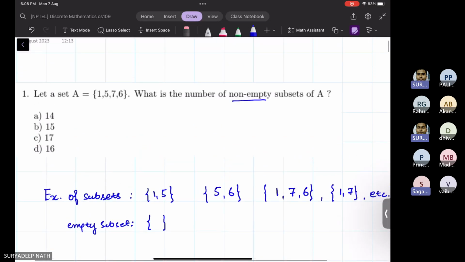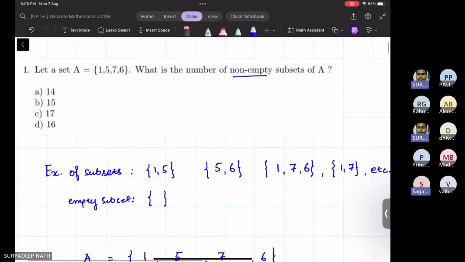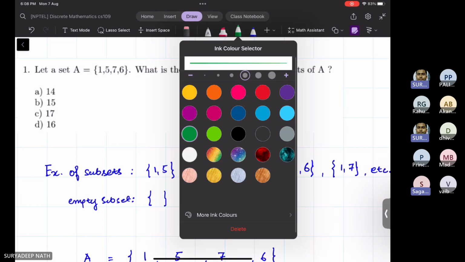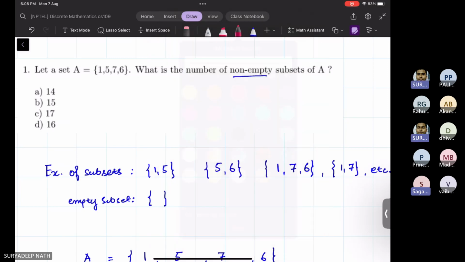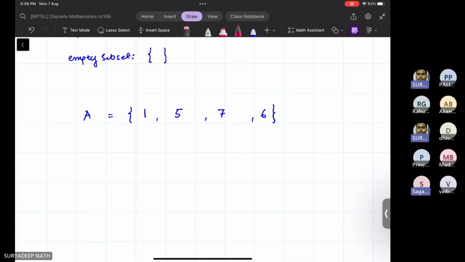So how to solve this problem is like this. You take A, you have four elements: 1, 5, 7, and 6. And now for each element in A, you decide whether to take it in the subset or not.